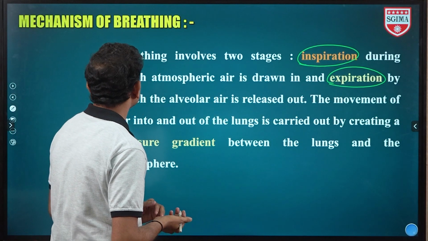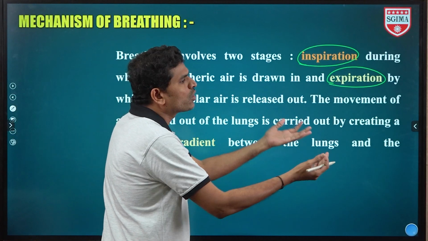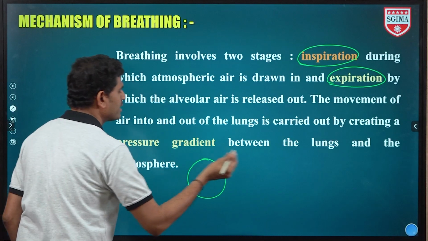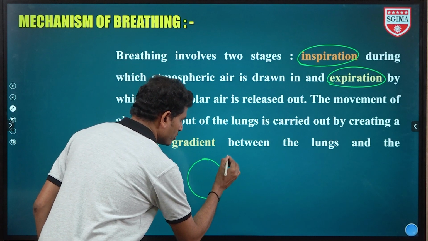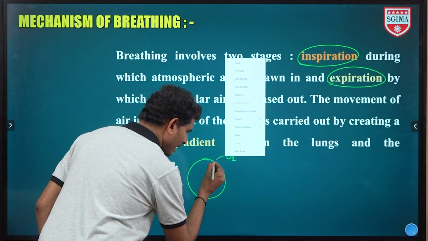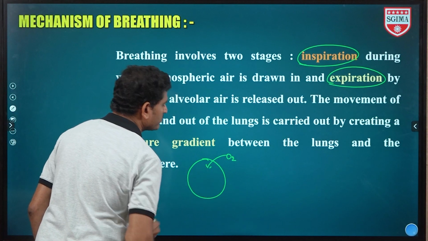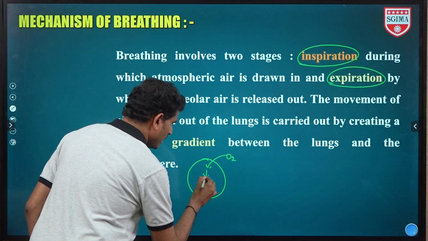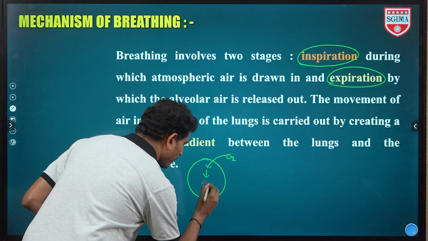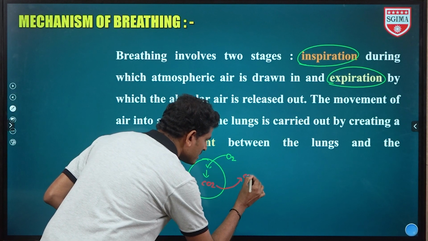Okay, inspiration occurs when atmospheric air is drawn inside. When it takes place, we can discuss later. So first of all, inspiration means atmospheric air, that is oxygen containing air, will be taken in, and it gets utilized and converted into carbon dioxide, CO2, and this CO2 rich air will be sent outside.